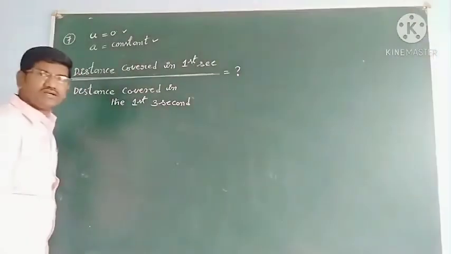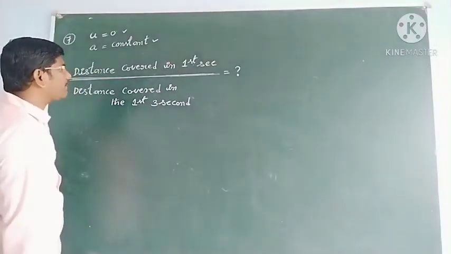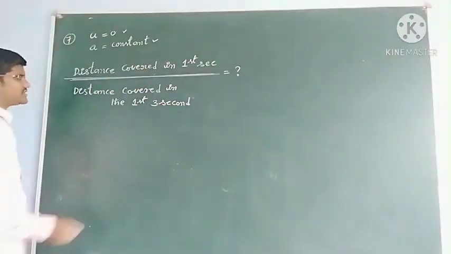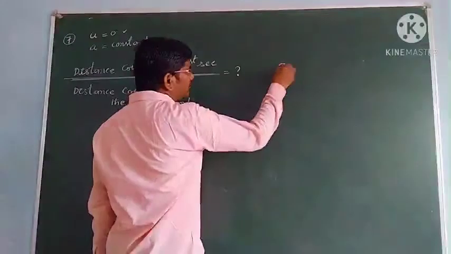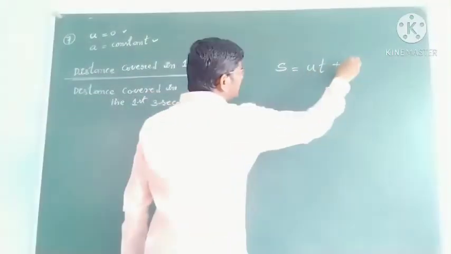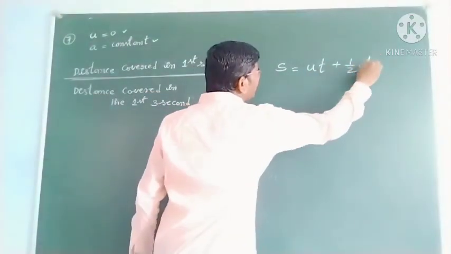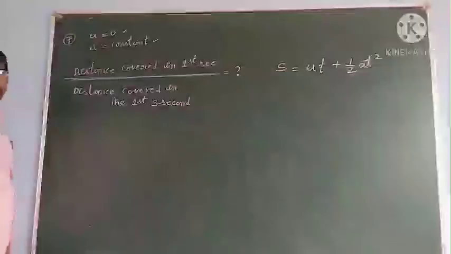Okay students, for distance covered in the first second, the formula I will use is S equals ut plus half at square.